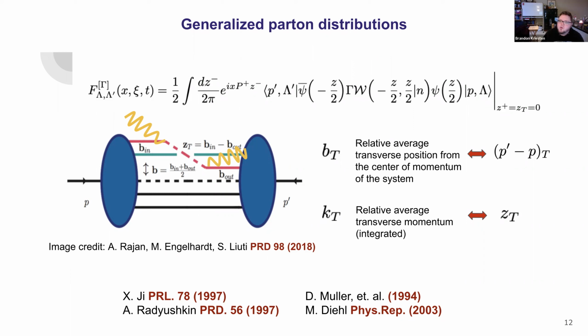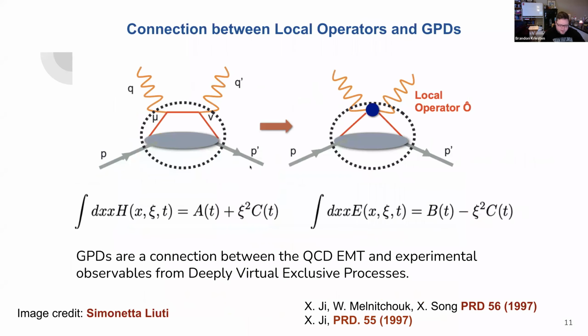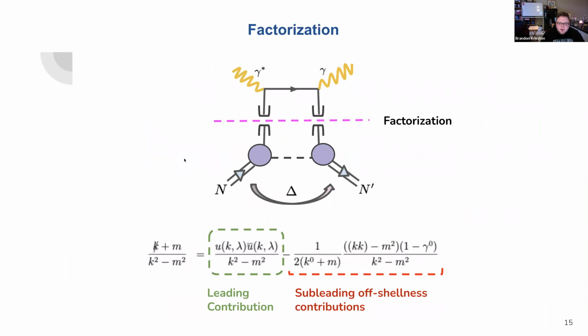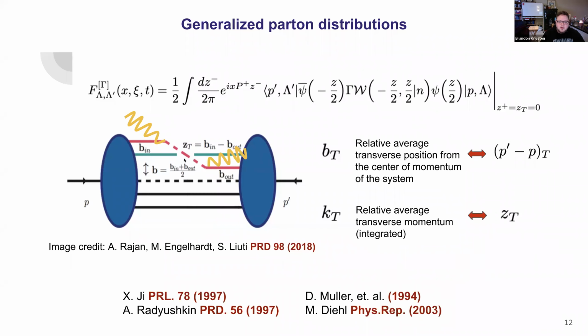Yes, so one can think of, for instance, B perp. So it depends. Let me actually go back. Here we go.